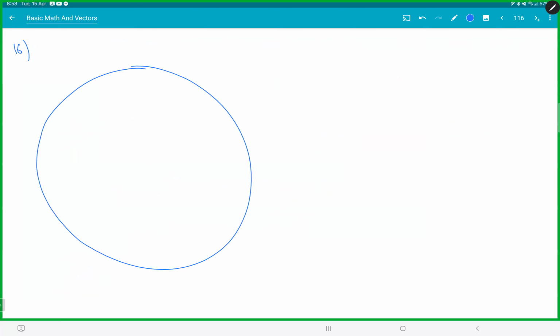So we have a circle. We have a particle going with speed u at t equal to 0. So this particle goes along the circumference. After time t, it reaches somewhere here. It is going with u and it makes an angle theta.